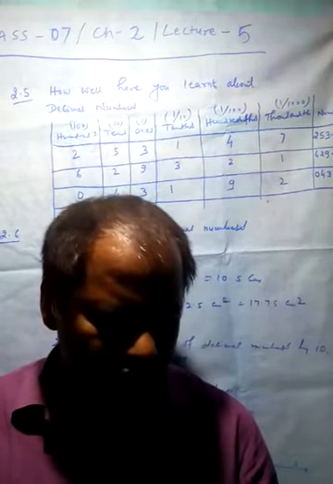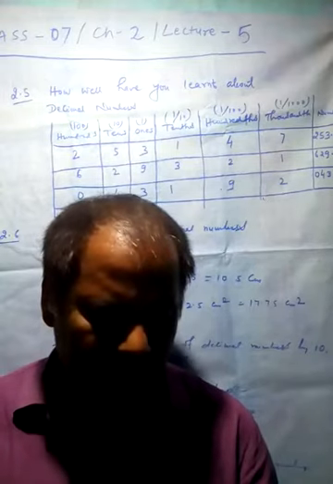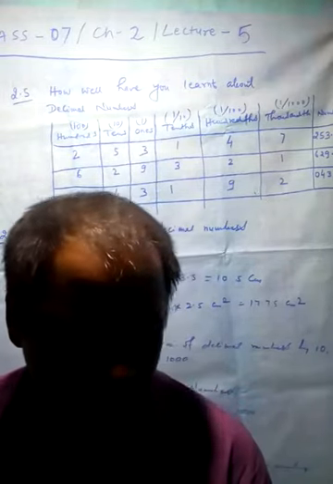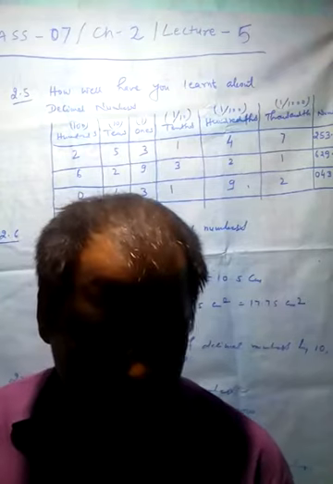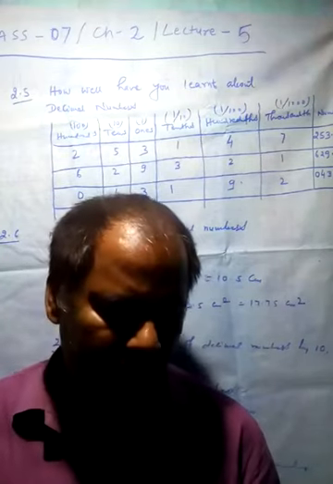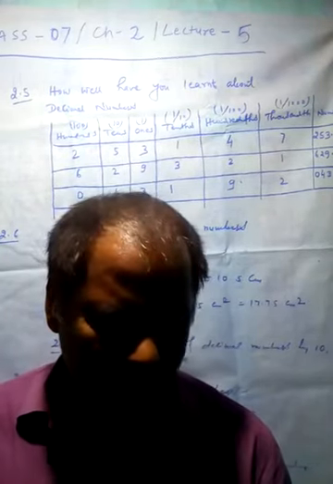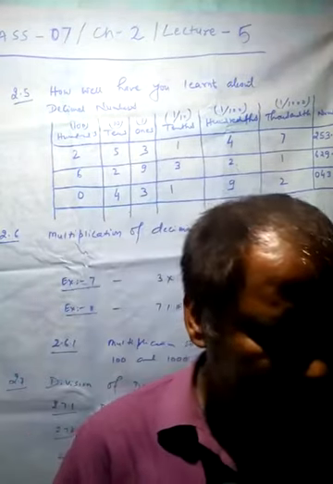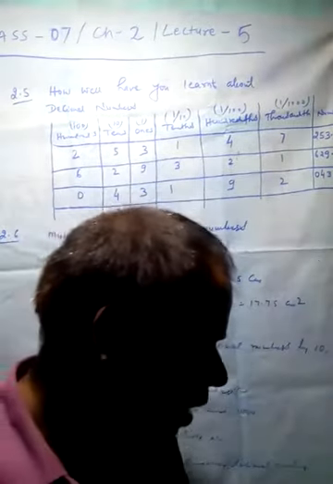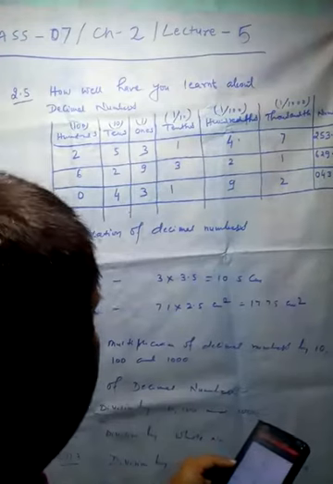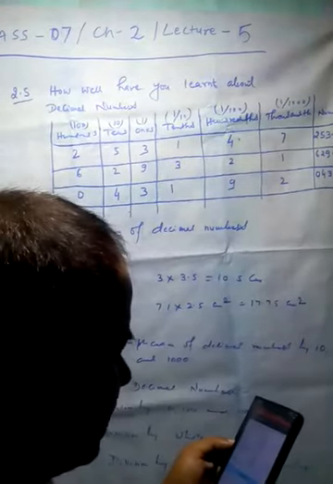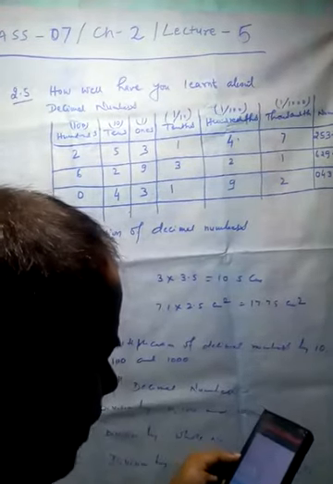We also know how to add and subtract decimals. Thus 21.36 plus 37.35, after addition you will get the result as 58.71.